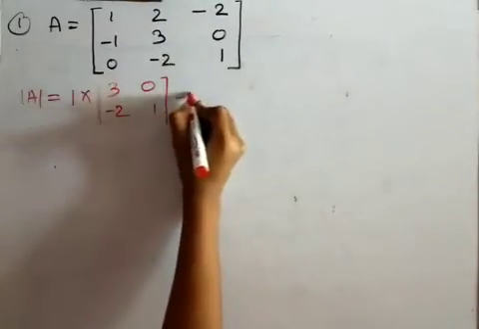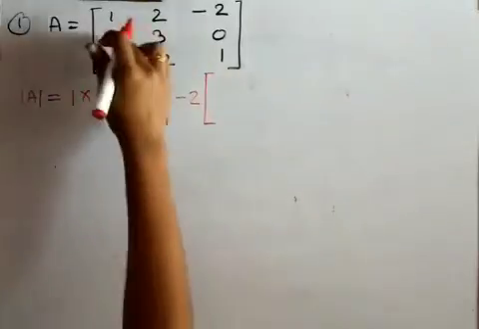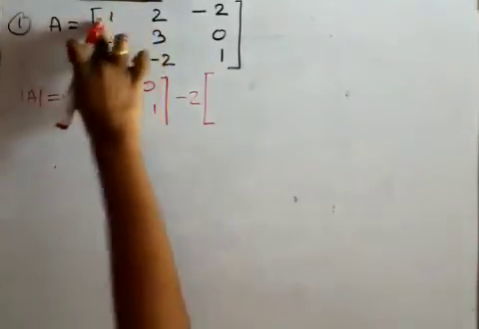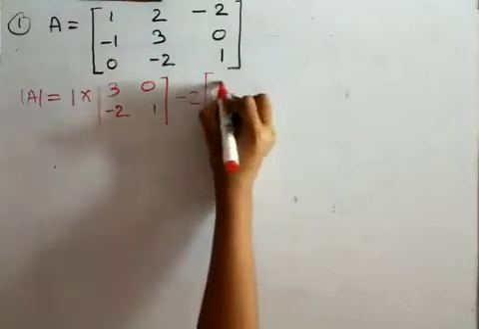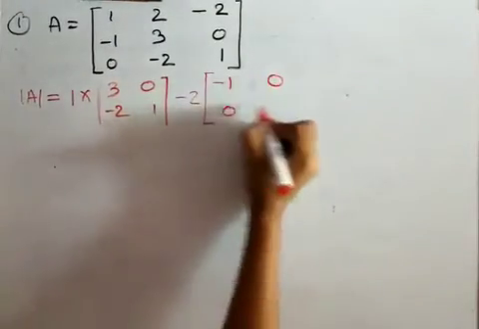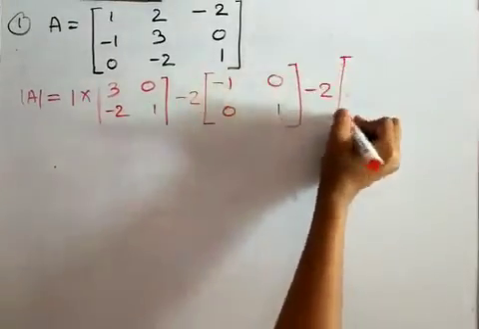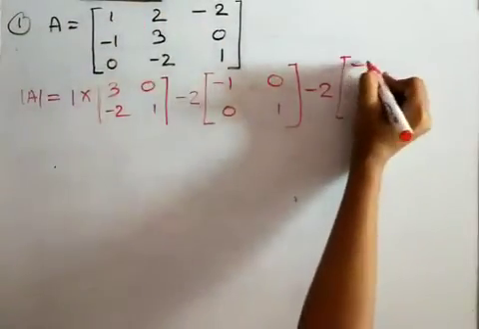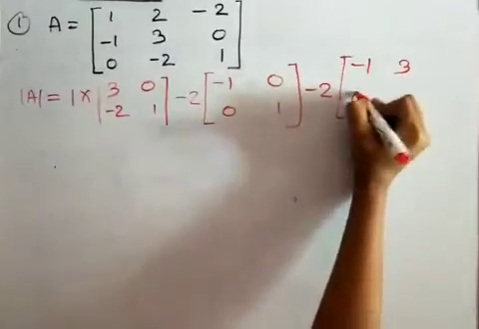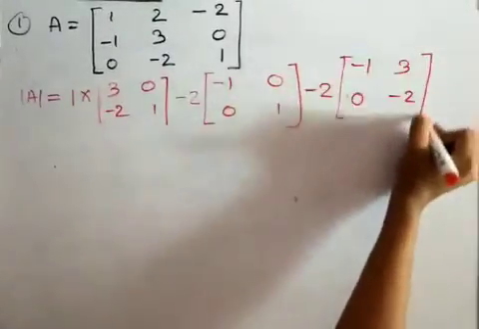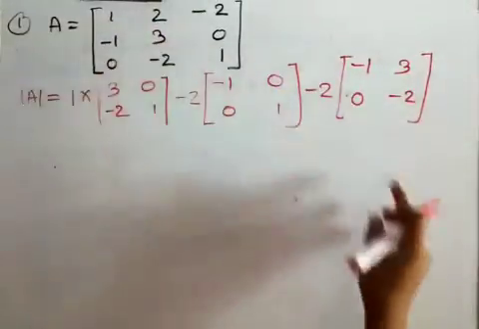Next, minus 2 into, omitting the first row and second column, the remaining part is minus 1, 0 and 0, 1. Then minus 2 into, we neglect the first row and third column, so the remaining part will be this entry.